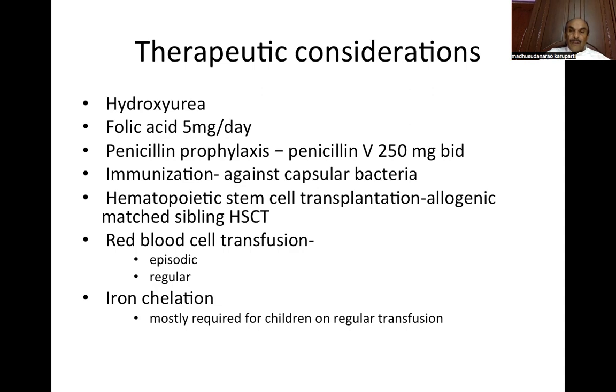Red blood cell transfusions could be episodic in acute emergencies like sickle cell sequestration or aplastic crisis, or could be regular in order to maintain the hemoglobin level around 10 grams per cent. When there is iron overloading during regular checkup, iron chelation has to be given in the children, especially who are on regular transfusions. They are the children at risk of developing hemochromatosis.